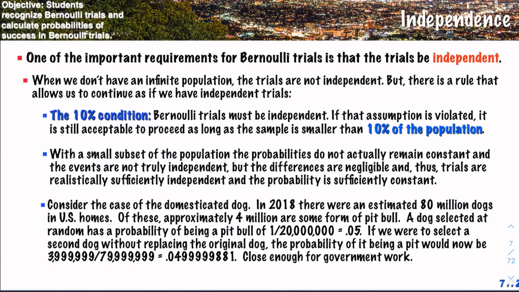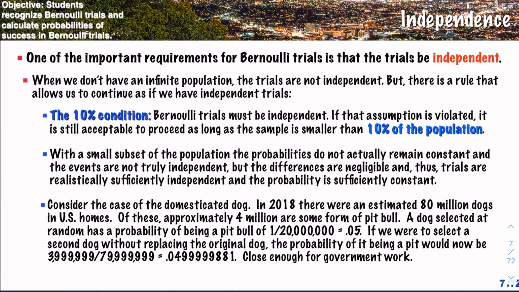It allows statisticians and mathematicians to justify saying things are independent, even though clearly they are not, because we're not replacing things. Once you choose a person, you can't put them back into the pool from which to ask people questions. So the 10% condition says Bernoulli trials must be independent. If that assumption is violated, it is still acceptable to proceed as long as the sample is smaller than 10% of the population.